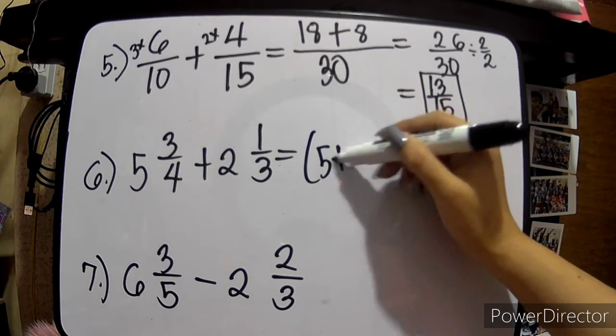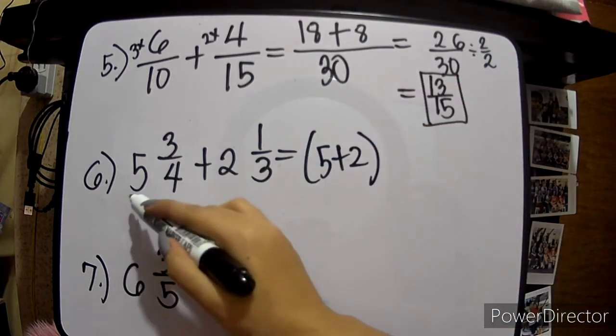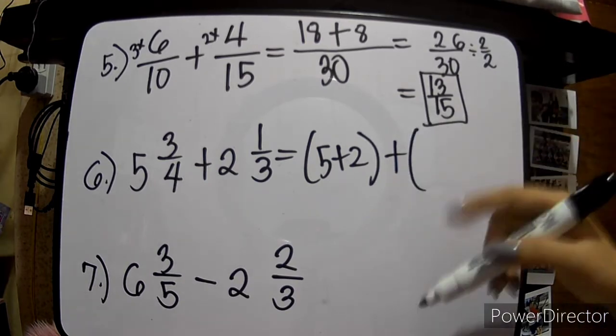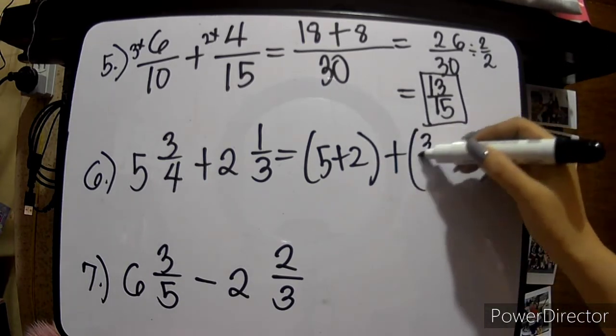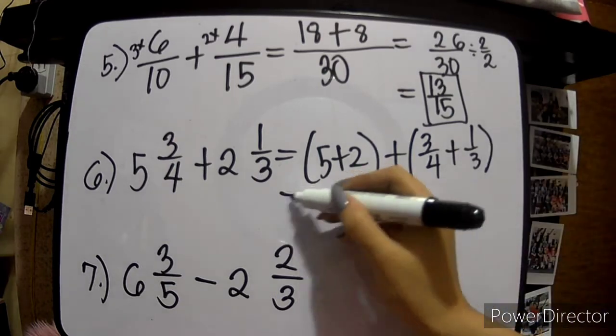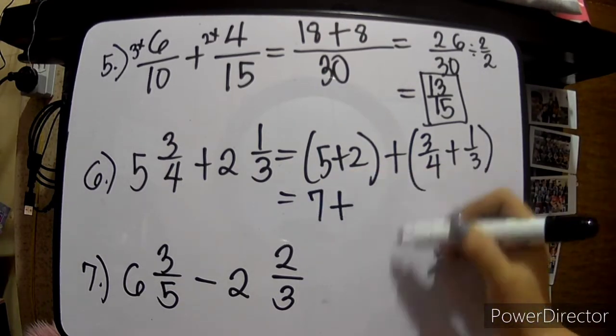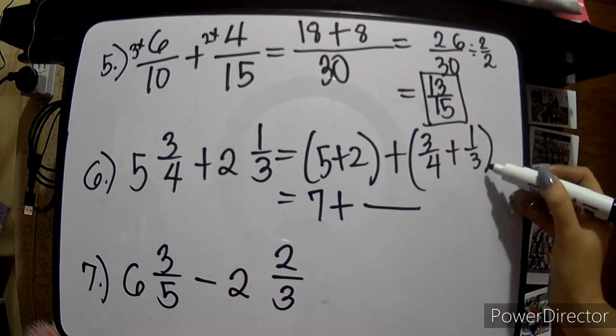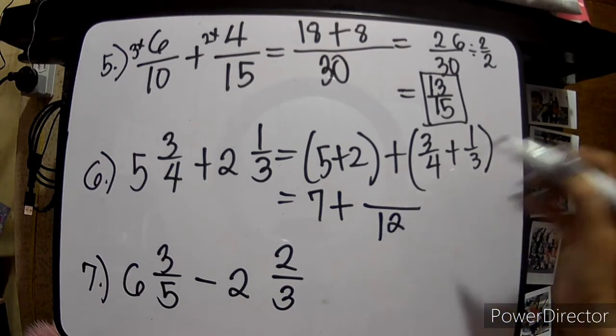So, 5 plus 2. So, yung whole number, i-add natin sa whole number. Plus, kasi i-combine natin yung fraction. 3/4 plus 1/3.